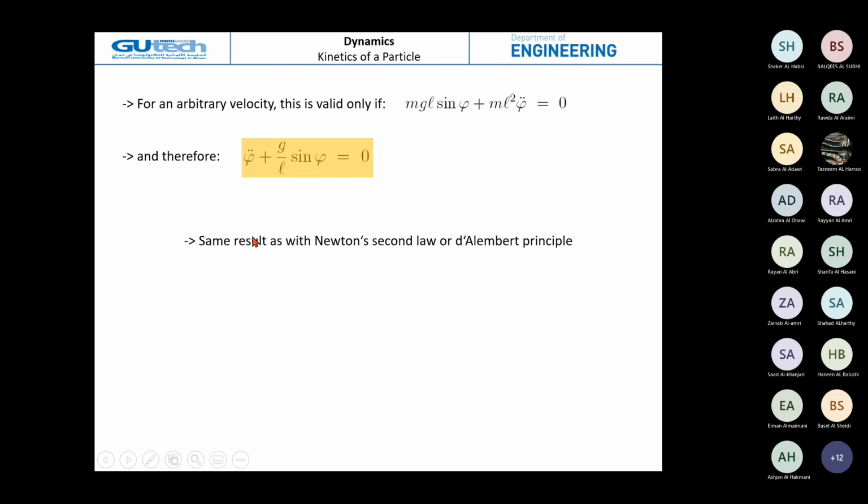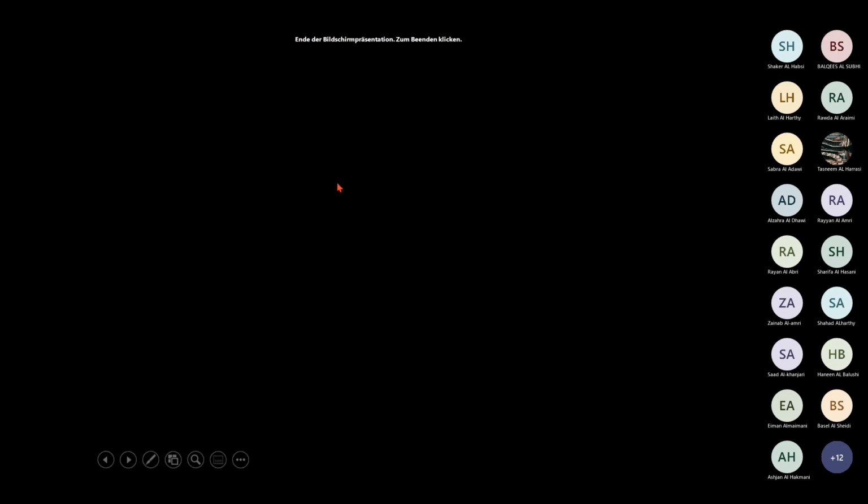And this is the same result as with Newton's second law or the D'Alembert principle. You can look at the same example using Newton and D'Alembert, and we found the same result. Okay, now I have finished with part 3.